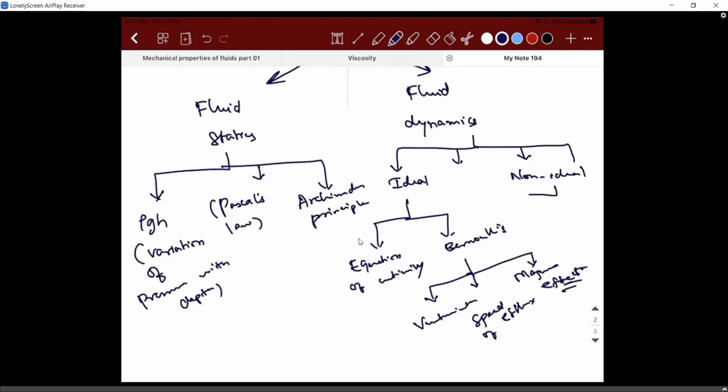Under non-ideal fluid, what did we see? We saw viscosity and coefficient of friction, acting between two different layers. Now, there is a similarity. When you speak about Archimedes principle and fluid statics, a solid that comes in contact with a liquid, partially or completely immersed, you speak about Archimedes principle.